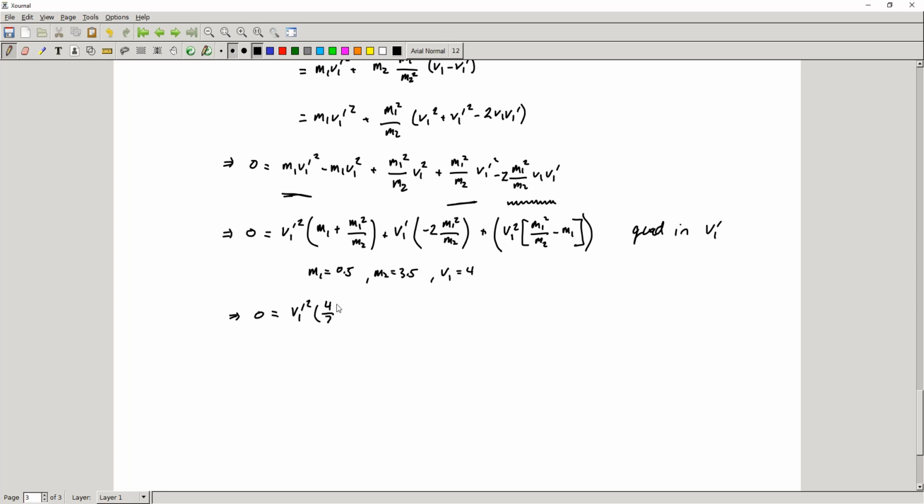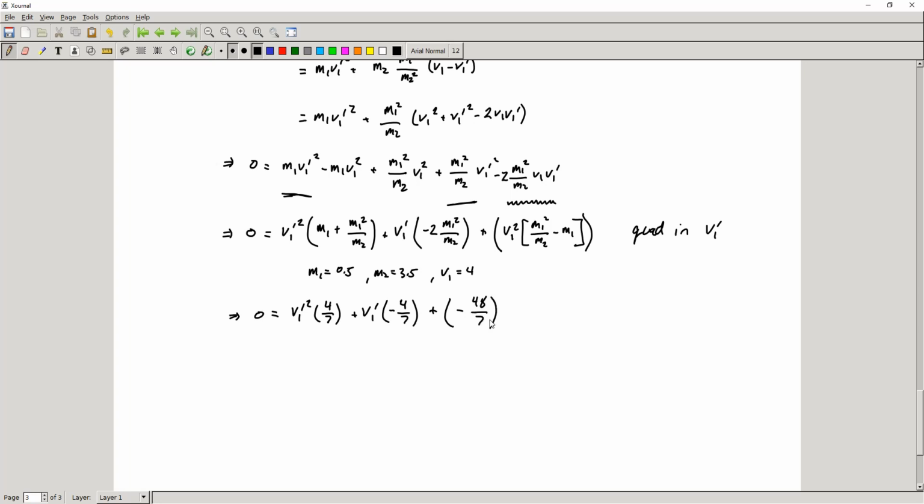This will be 4 over 7 if we clean it up. This will be minus 4 over 7. And we're going to end up having a term that, after simplification, is minus 48 over 7. Okay?